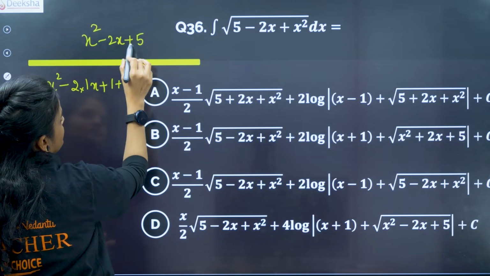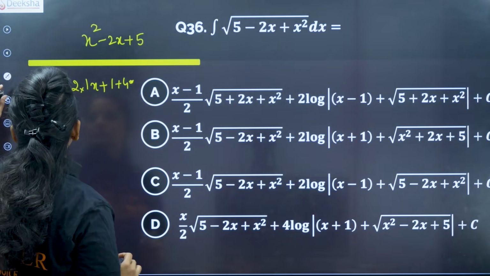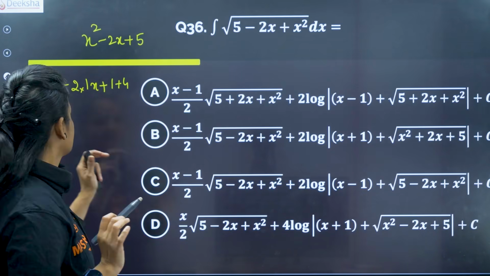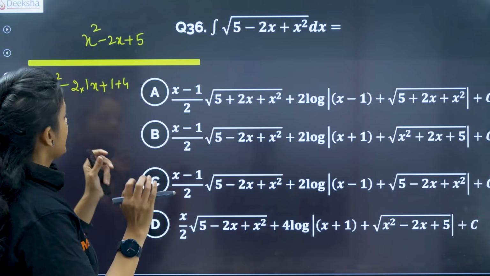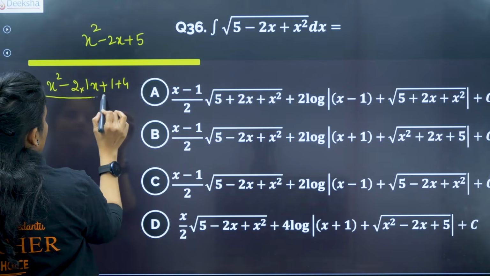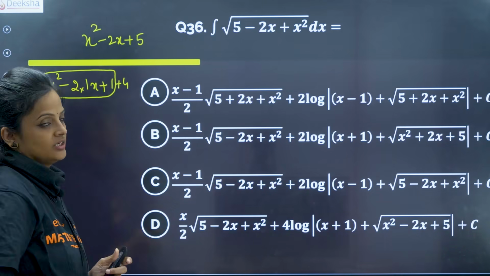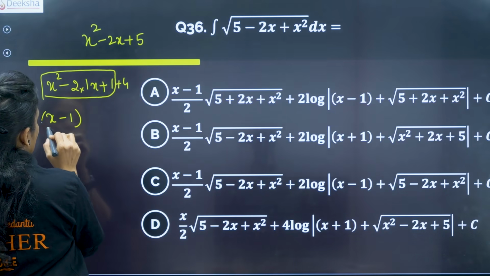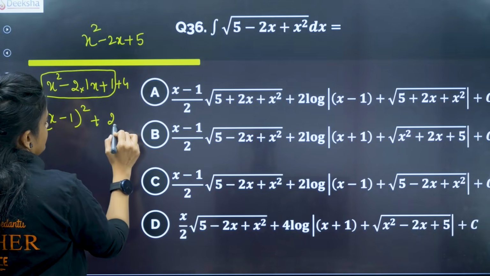For the 5, nothing to do in this, no addition and subtraction, only that 4. That 5 has to be split as 1 plus 4, so we'll get completing the square here only. So that completes 1 square, which is (x minus 1) whole square plus 2 square.